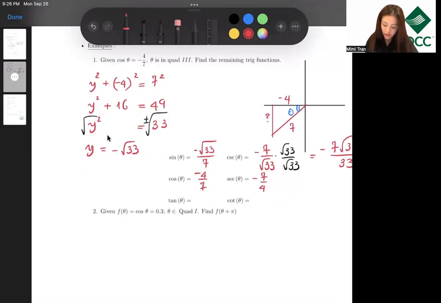Remember, y has a negative value as well, so negative root 33 over -4. Oh, the negatives cancel, so it's going to be positive. And the cotangent is the flip of the tangent, so 4 over root 33. Again, if it bothers you, multiply both top and bottom by root 33. We get 4 root 33 over 33.